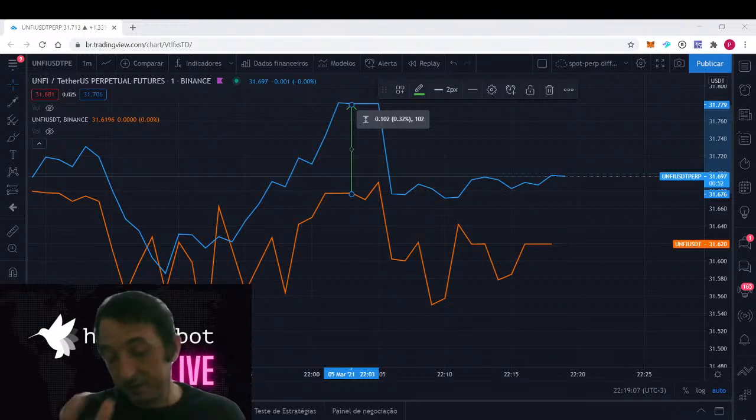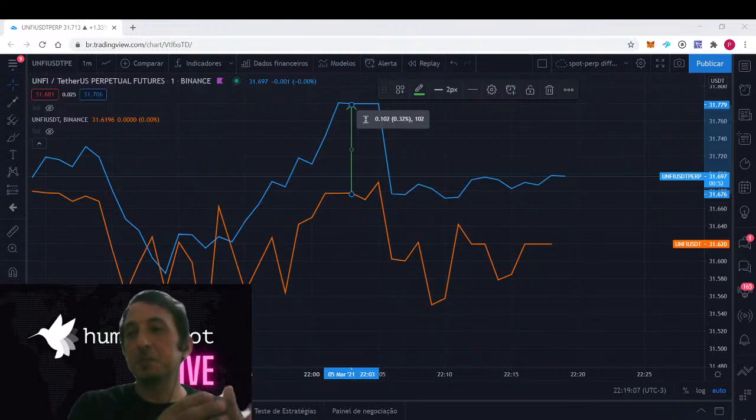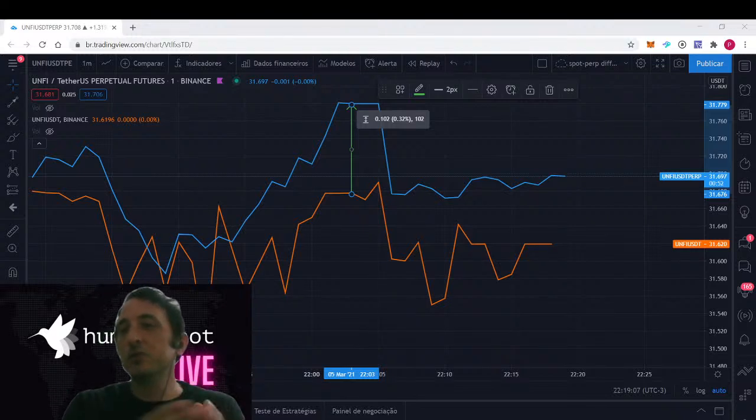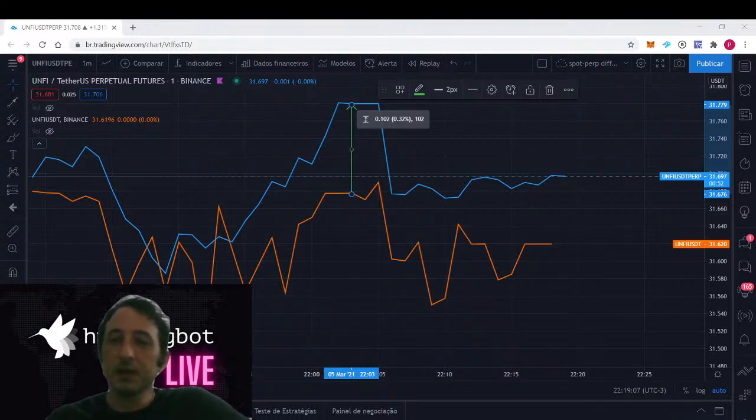The size of the perpetual order is proportional to the size of the spot order, exactly to keep a market neutral state.